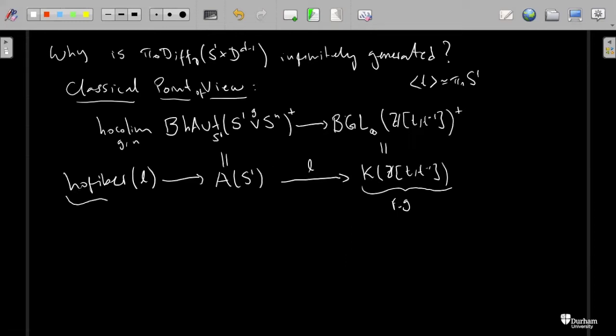But now it turns out that people managed to understand these homotopy fibers by something called trace methods, which I won't discuss here. And the point is that those are very efficient for doing calculations in this sort of setting. And what people find, so let me give you the two main results that are going to be relevant. So one is by Hesselholt, and the other one is Grunewald, Klein, and Mashko.